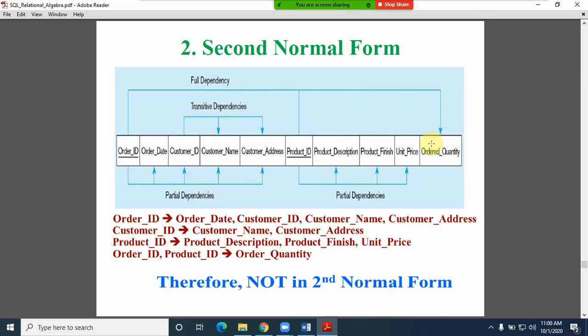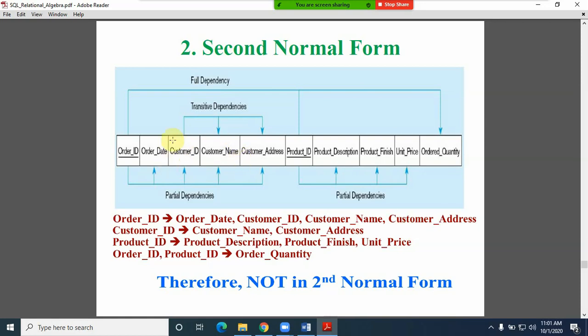These things we are observing. Now this order quantity, if I want to get, I should know the order ID as well as the product ID. So this is the full dependency. Okay, this is fully dependent. Actual order quantity we are getting from both order ID and the product ID. That's what we are referring to here also. And this transitive dependency, friends: by using this customer ID we can get the customer name.